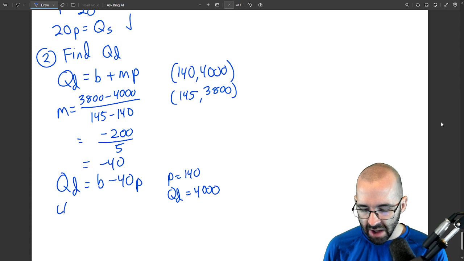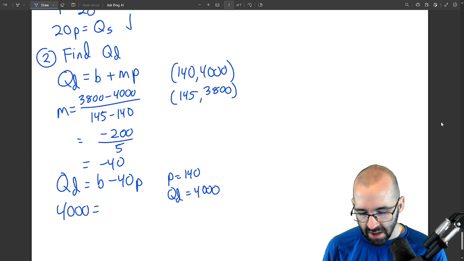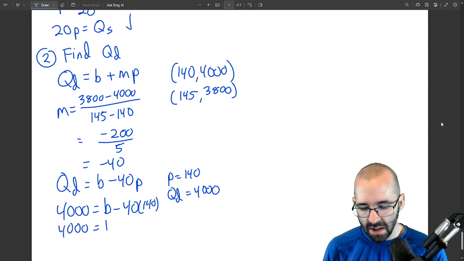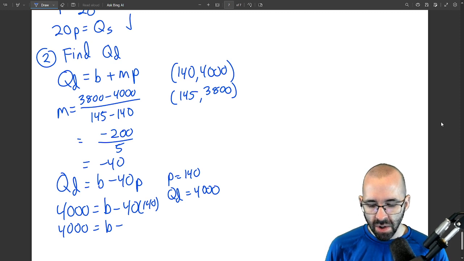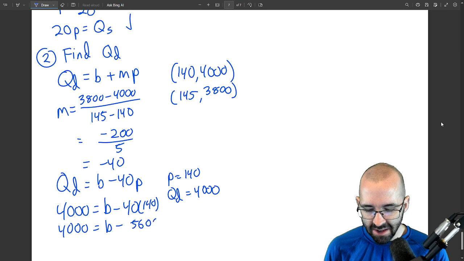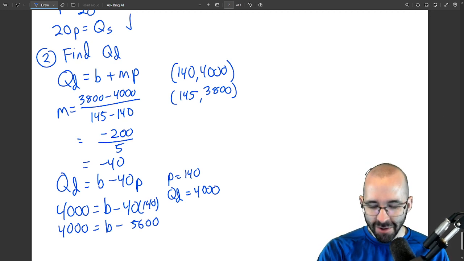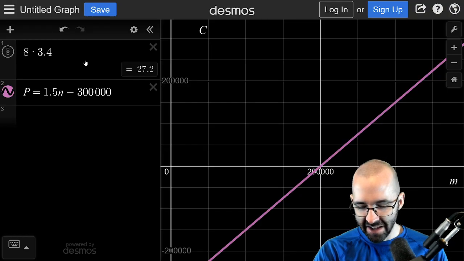So QD is 4,000. That's equal to B, which we don't know, minus 40 times P, which is $140. Now we simplify and solve. What is that? 5,600. I'm going to use a calculator. 40 times 140.